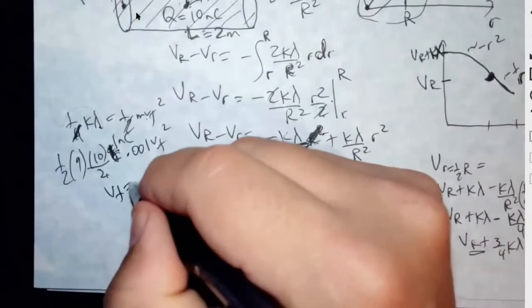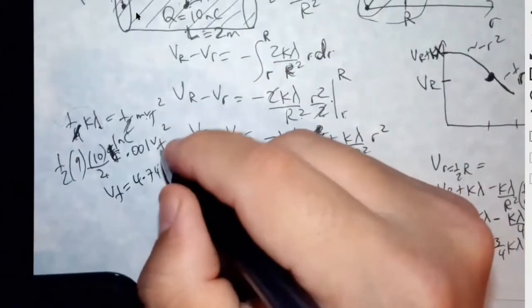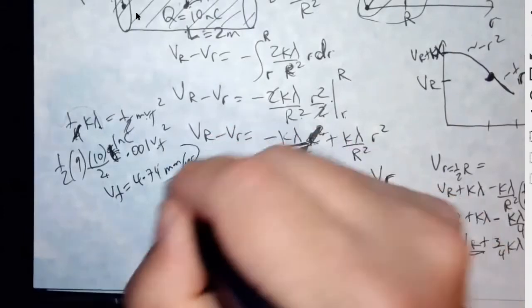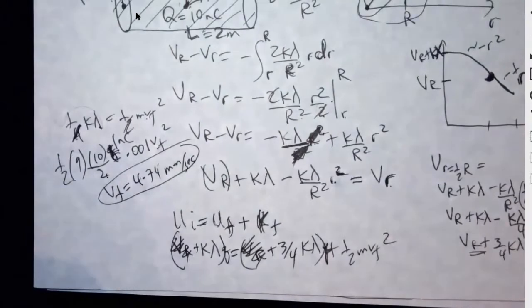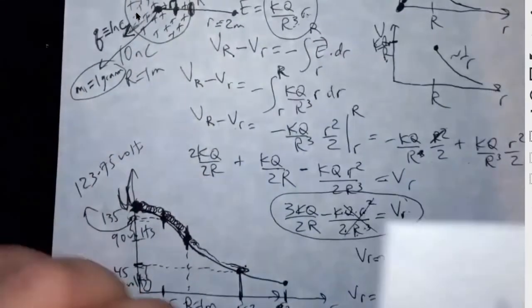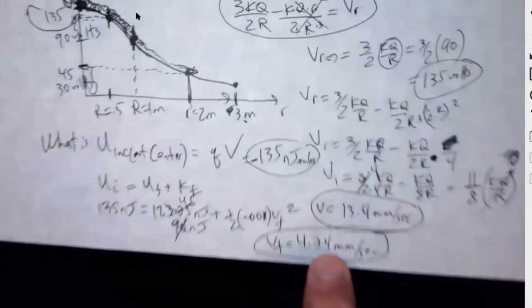V final is 4.74 millimeters per second. Was that the same answer? It seems familiar. I think it is 4.74. Yeah, this was the same answer as the sphere.